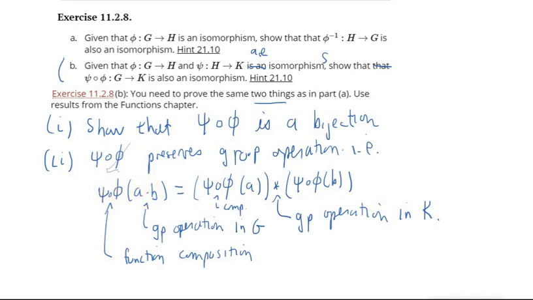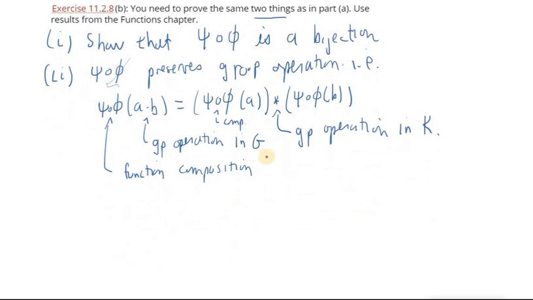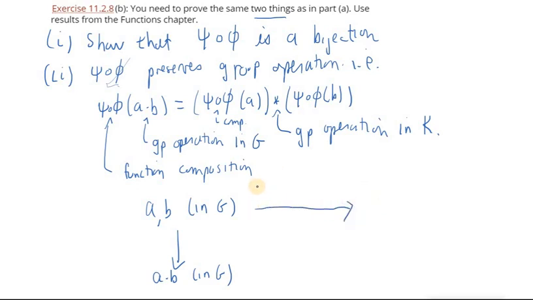So I can do this diagram again like we've seen before. Here we have A and B, and these are in G. And then this goes down, and this goes to A dot B, and this is in G. And then over here, we take A and B by means of psi composed phi.